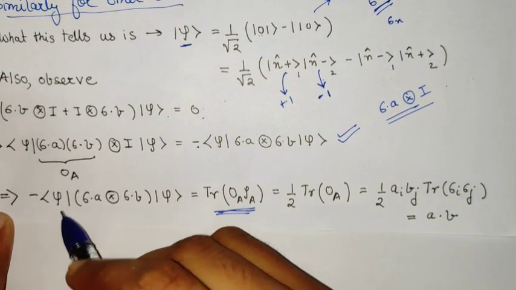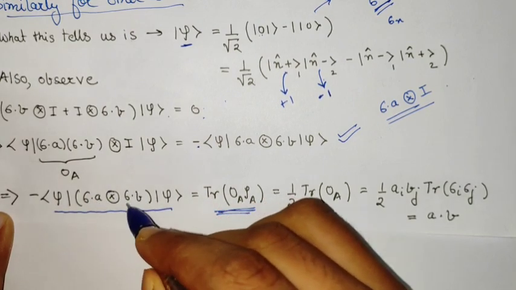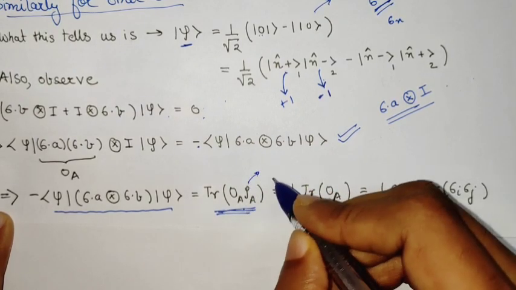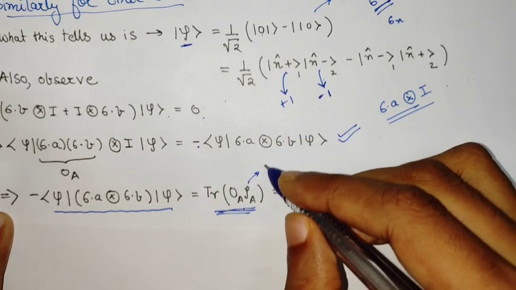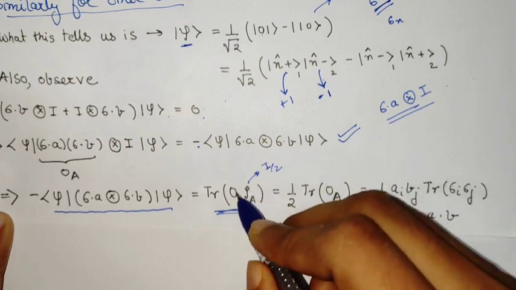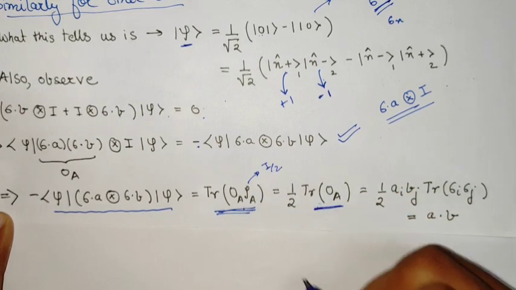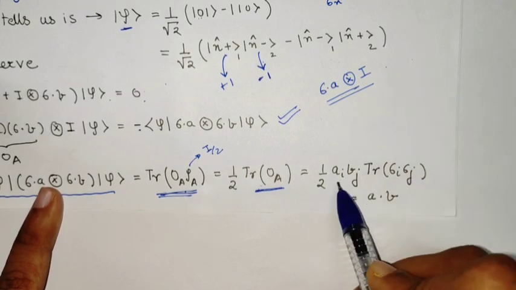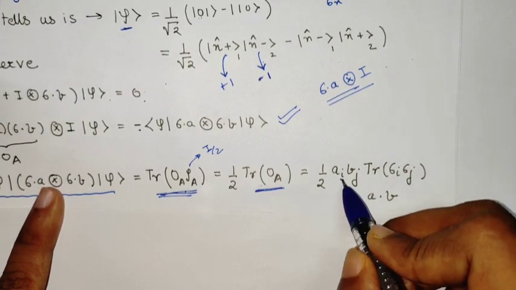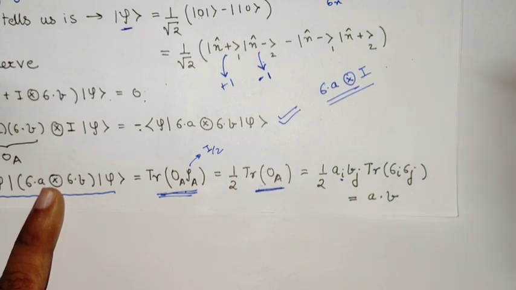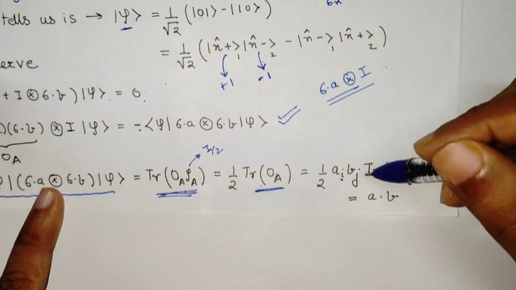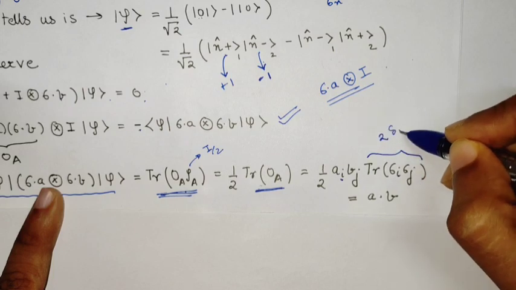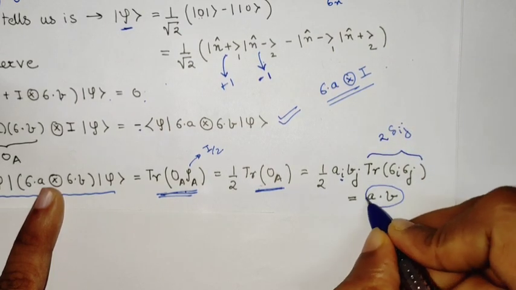And then here we see it is like an expectation value of sigma A tensor sigma B, and this tracing out can easily be performed, because this reduced matrix, as this singlet state is a maximally mixed state, is simply I by 2, and it will come out as identity, and there will be the trace of O. But O_A is simply this particular operator, and we have used the summation notation, summing over the repeated indices i and j, and then we use the further fact that trace of sigma i sigma j is 2 times delta ij, to see that it is just the dot product.